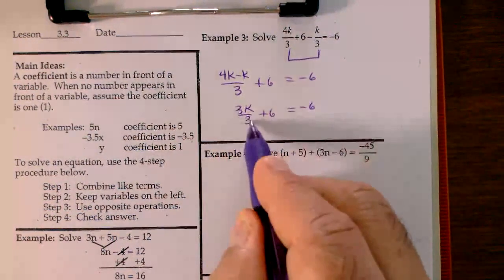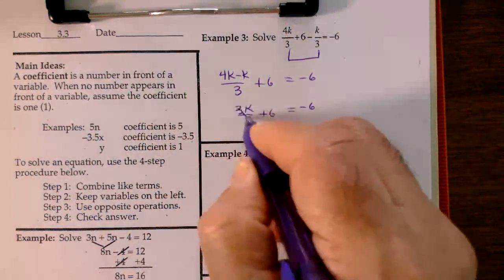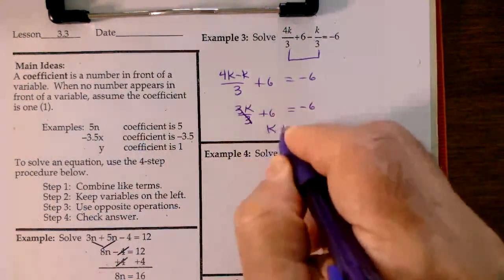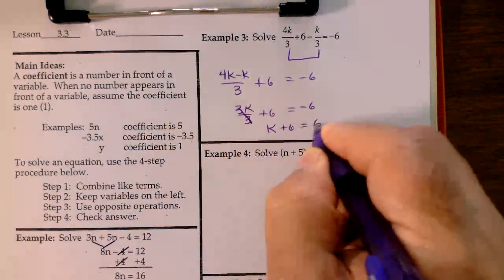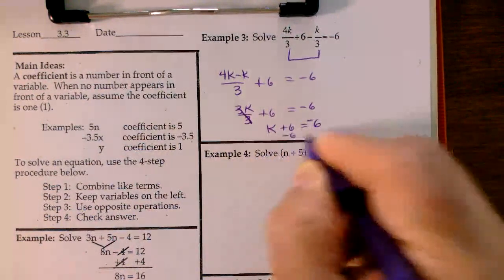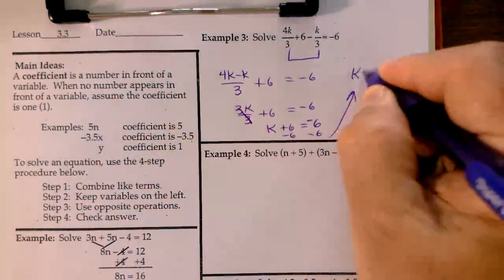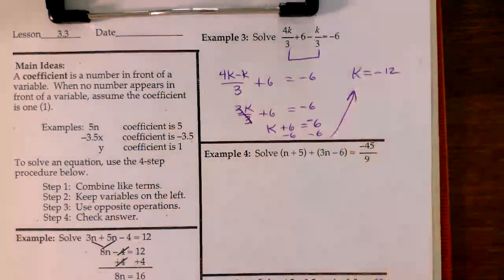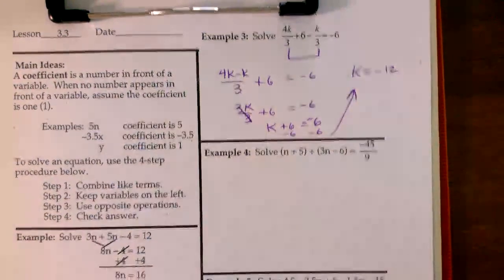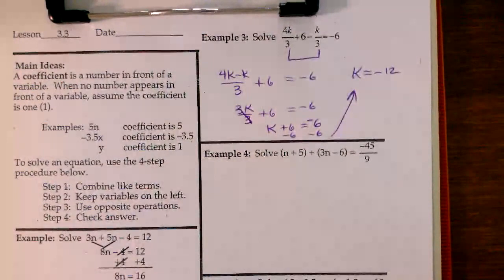We can easily divide these two to make a simple k. And now we get down to this. And then we do opposites, negative, negative, and then we're going to get k equals negative 12. Don't panic if you have fractions, just follow them, work them through step by step, and you'll be okay.